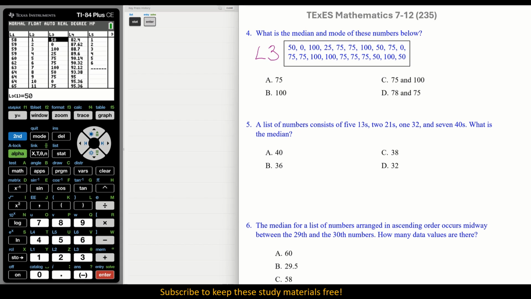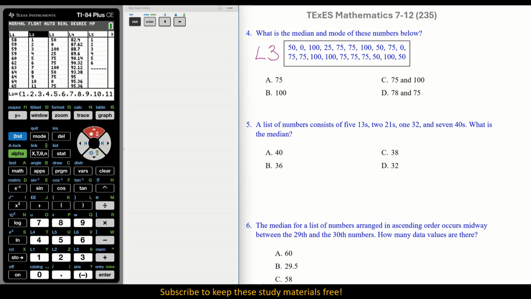Over in L2, I have a sequence that I populated with 50 values just in case I needed it. That helps me enter all these numbers and know where to enter.